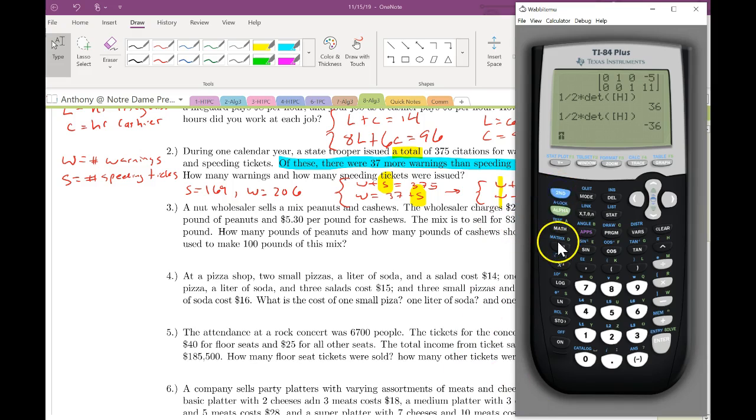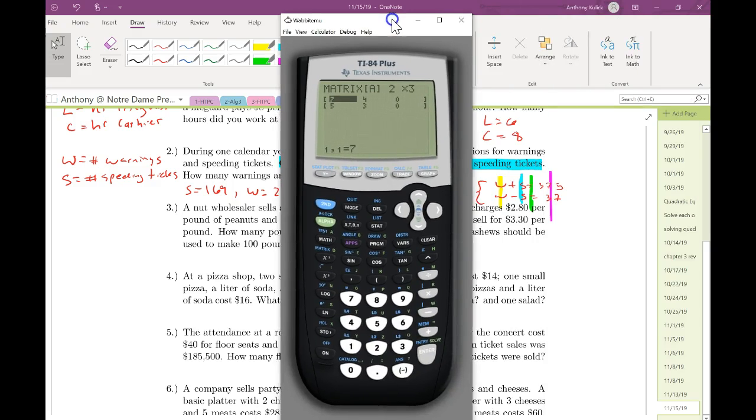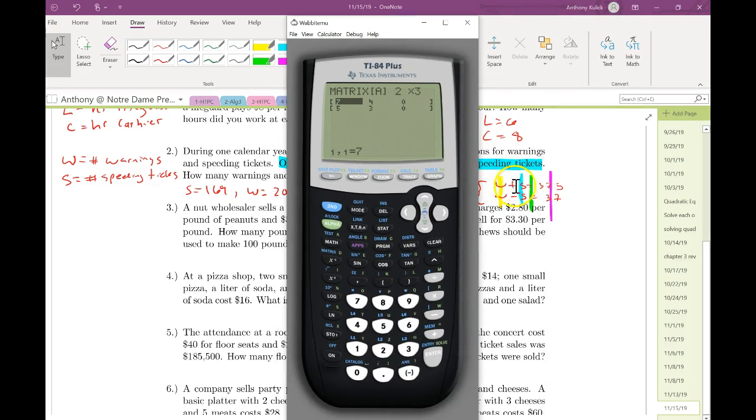I'm going to press second and then the matrix command. I'm going to go to the edit tab and pick one of these matrices. I'm going to just pick matrix A. Now the matrix that I need is a 2 by 3. The entries that I'm going to put in are the coefficients for each equation.